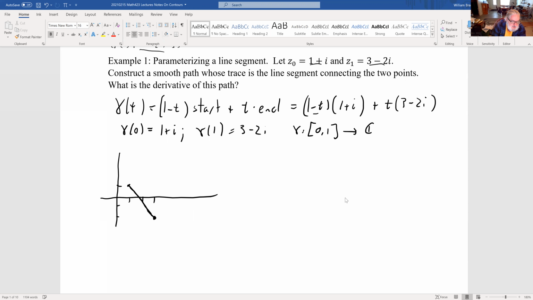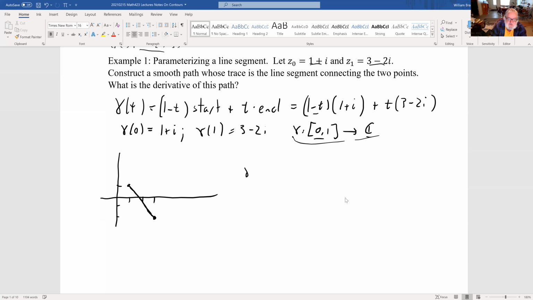So the trace is a collection of points in the complex plane. It's whatever set you actually pick up in the complex plane. The function itself has a domain and a codomain and a way to get values from that. So there's a smooth path whose trace is the line segment connecting the two points.